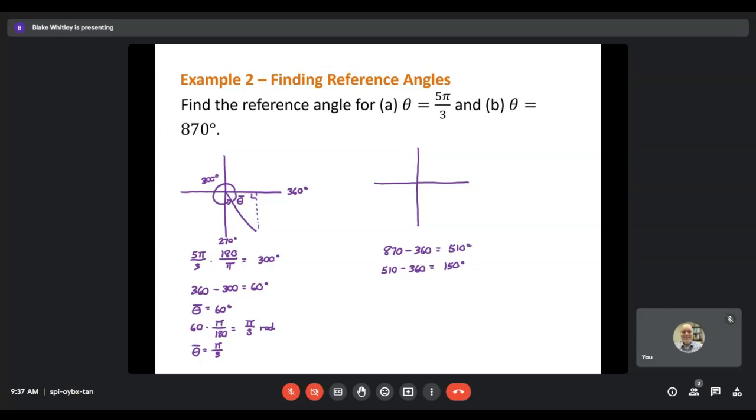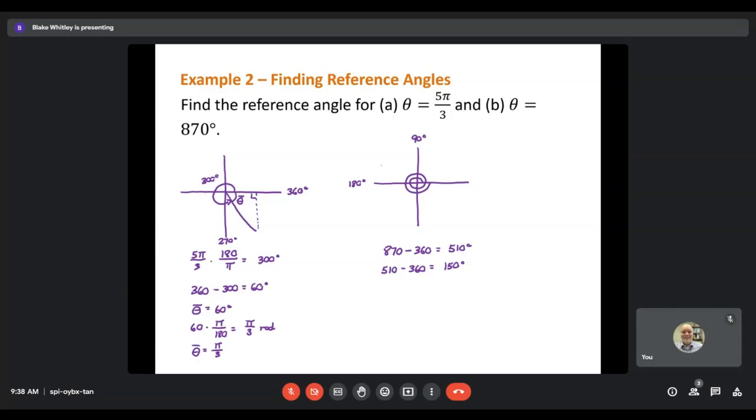Okay, so 150 is within a revolution, right? It's less than 360 degrees. So what this tells me now is I've gone 2 360s around, right? So I've gone around not once, but twice, and I have an additional 150 degrees beyond that. Okay, so I'm going 150 degrees, which again is going to be somewhere between 90 degrees and 180 degrees.